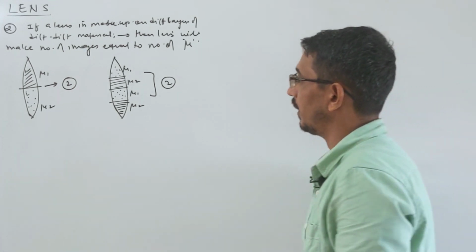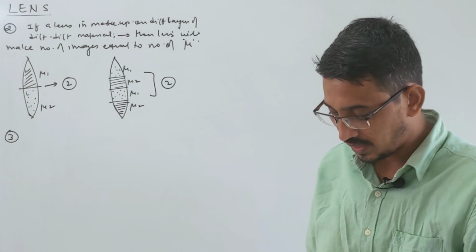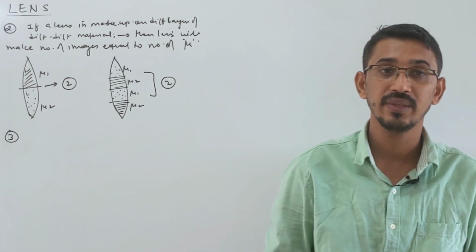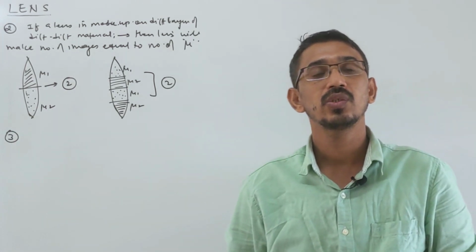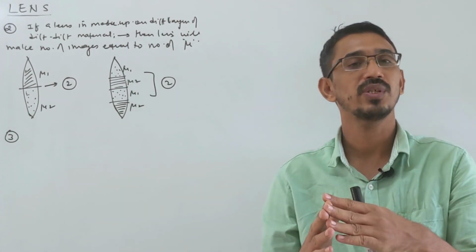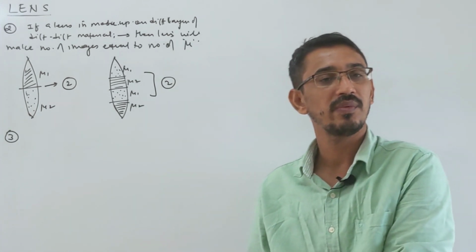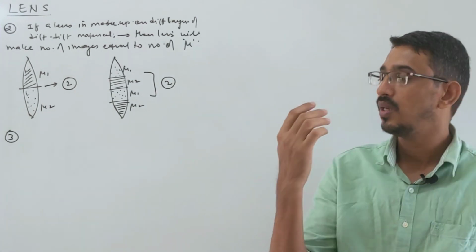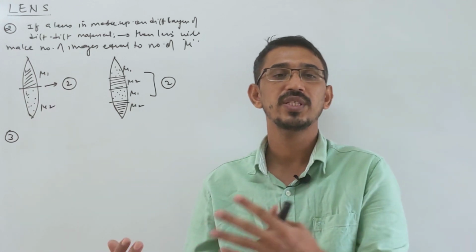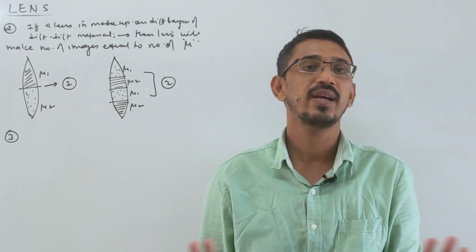Clear? Okay. Then we know that when light passes through a lens, it generally splits into colors. We have 7 colors in light, and all colors have different focal lengths. So generally all colors don't meet at the same focus; they make separate foci. Red color focus will be different, violet color focus will be different. The focal length and the wavelength are directly proportional.